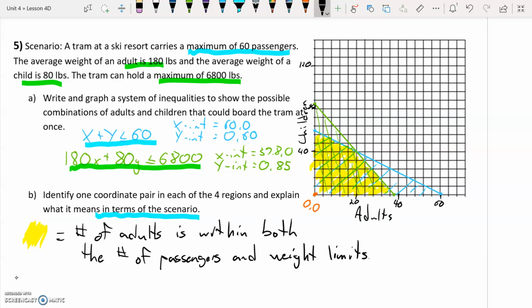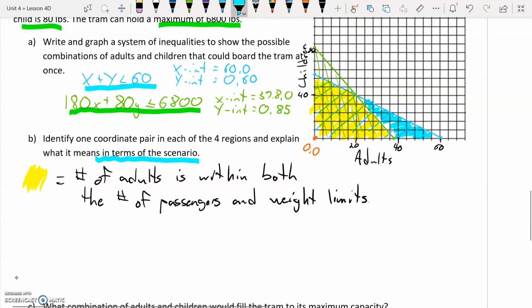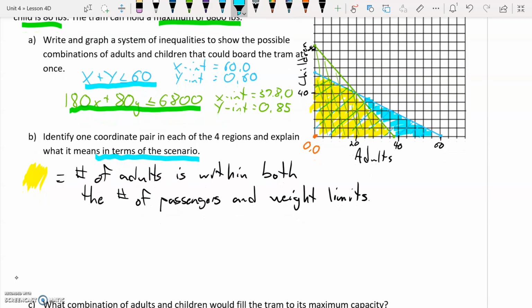So those combinations are going to be less than or equal to 60 people, and less than or equal to 6,800 pounds. So the other three regions, let's go with the blue one. Remember, that's the region that is underneath the blue line, but not underneath the green line.